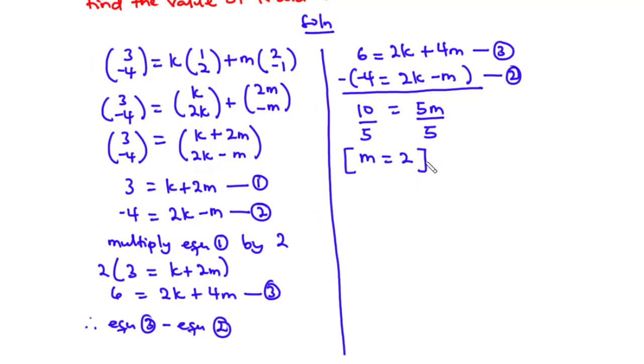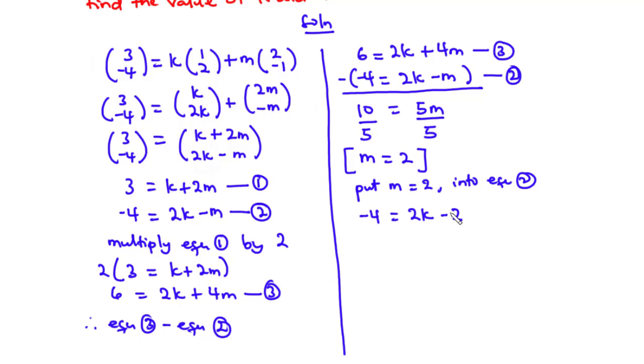Now let's substitute m into any of the equations to find the value of k. So let's say we put m equals 2 into equation 2. So this is equation 2. Negative 4 equals 2k minus m. M is 2.